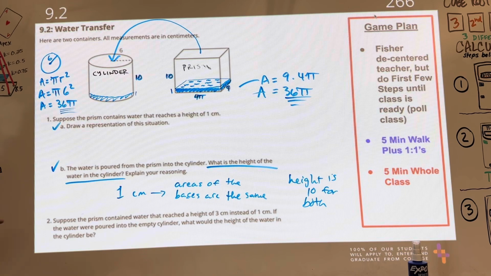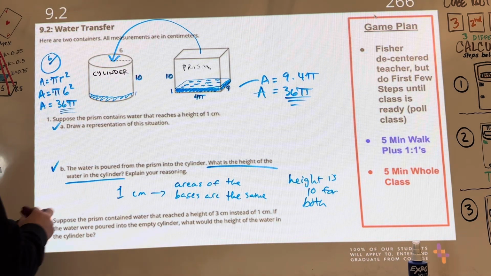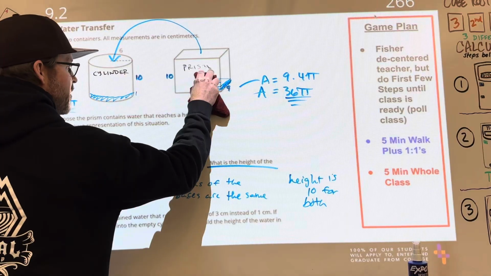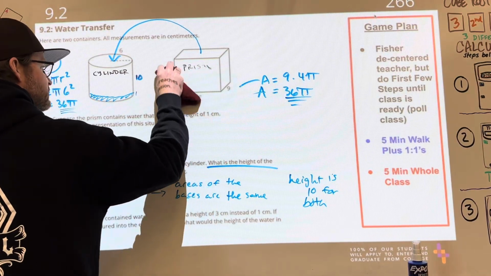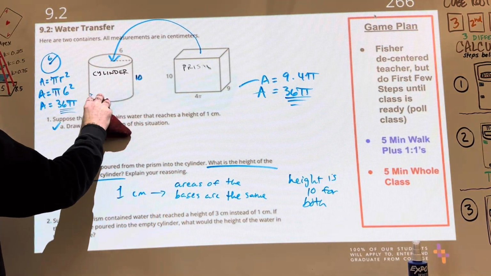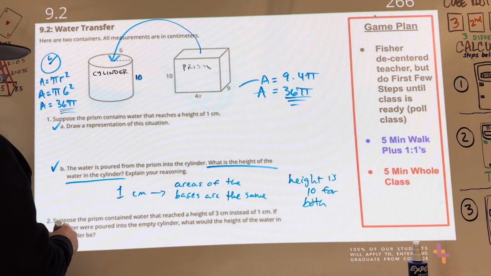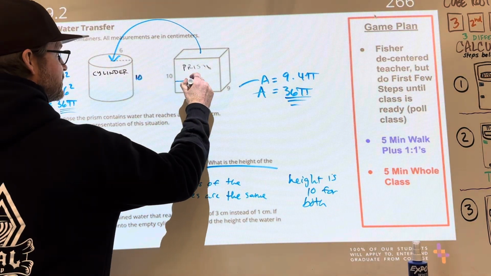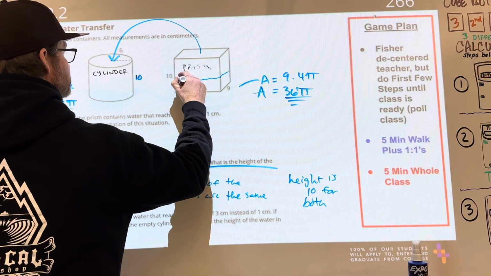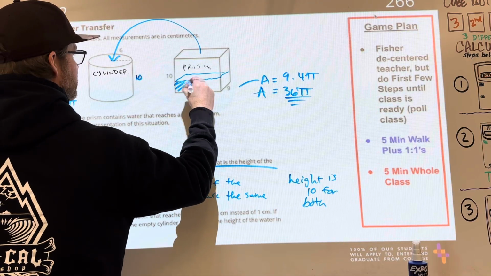Okay, number 2. Suppose the prism, let me erase, contained water that reached a height of 3. So you got water up to here.